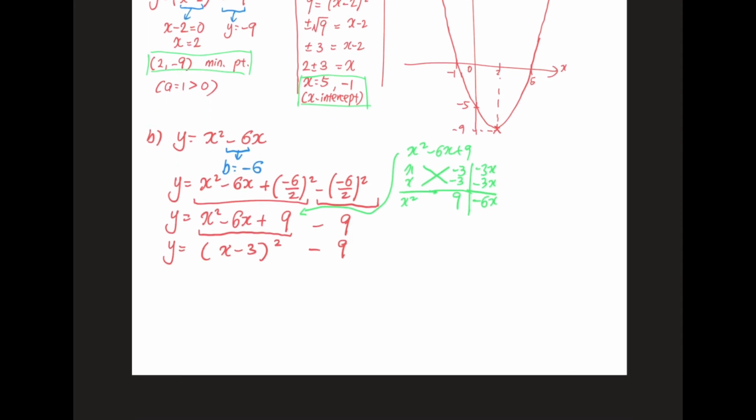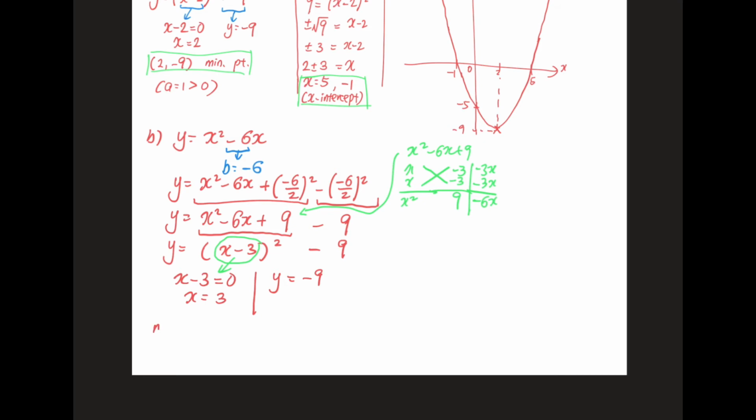What we need to do now is find out the stationary point. I will let x minus 3 equal to 0, x equals 3, y equals minus 9.